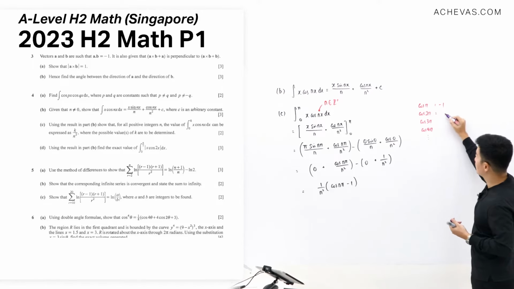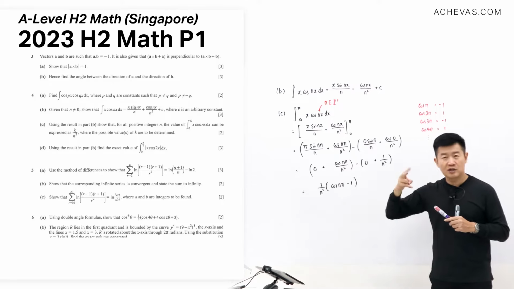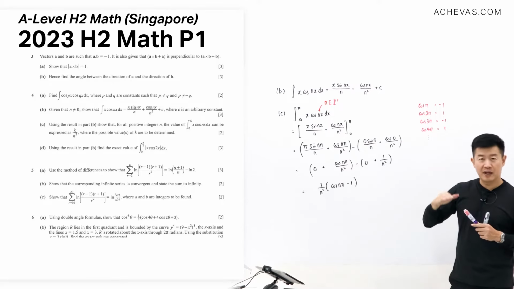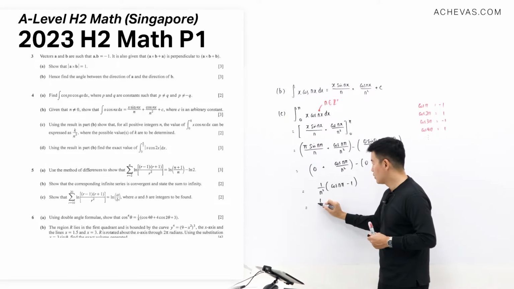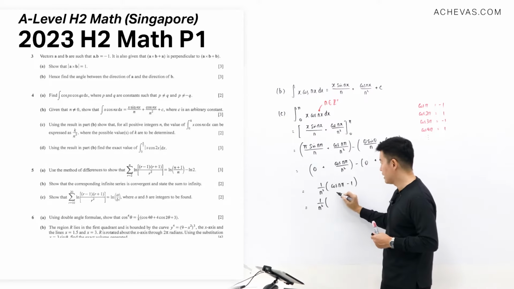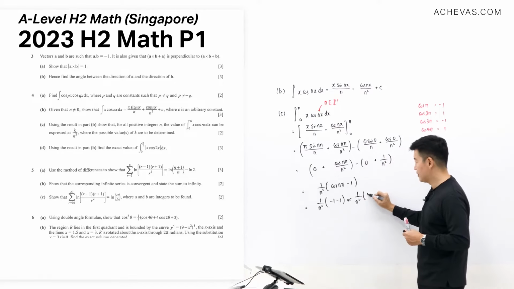And cosine 2 pi is going to be 1. Cosine 3 pi is going to be equal to minus 1. This is going to be equal to 1. So it is just going to be alternating between the two values, plus and minus 1, which means that we will have two possible cases. One will be 1 over n squared, where this can be a minus 1. Or the other case can be 1 over n squared, where this can be a plus 1. So it will be 1 minus 1.